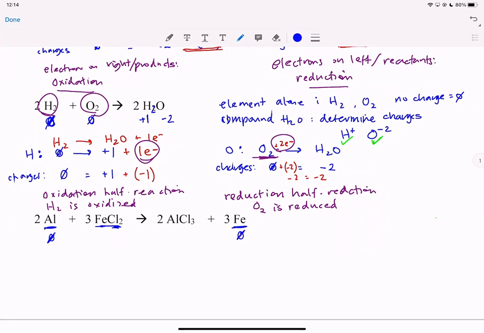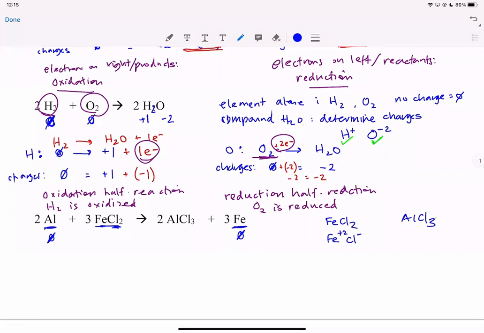For the FeCl2 and the AlCl3, those are both ionic compounds, and you want to figure out the charge values of each atom in there. So you split this apart. FeCl2 you split apart into the element symbols Fe and Cl, and then you write a plus and a minus.